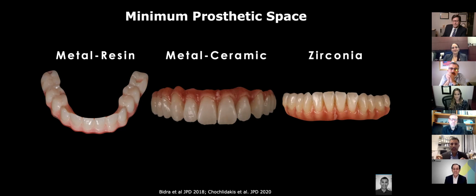So tooth position is key. This will determine if we have a tooth defect, like Ed showed, or a composite defect, or we need to add pink. And never fit the patient to the prosthesis, which means do not do a one-trick pony prosthesis for every patient. Fit the prosthesis to the patient.